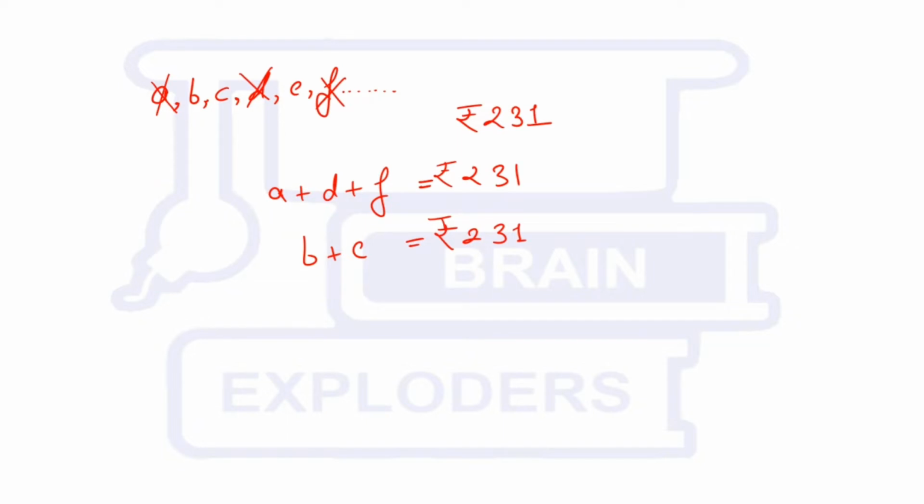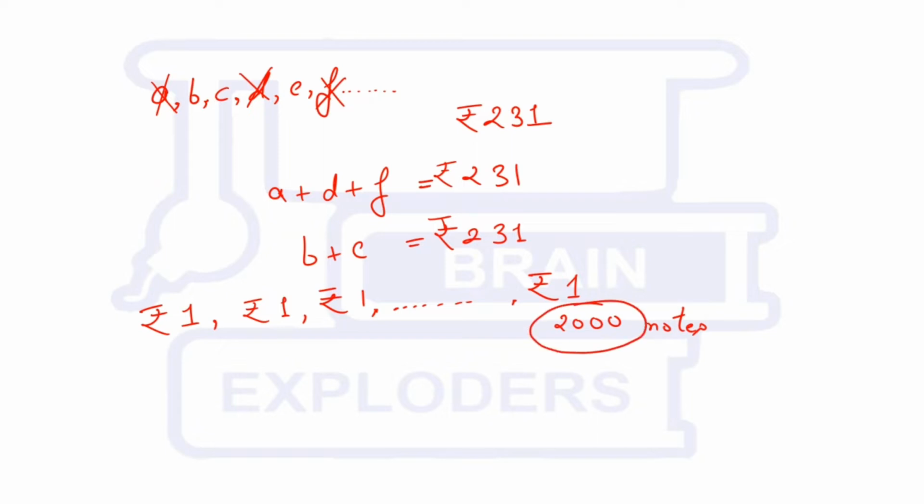You can print all the currency notes of rupees 1, like rupees 1, rupees 1, rupees 1, and so on, 2000 currency notes of rupees 1. But these are too much in number, and our task is to minimize this number.